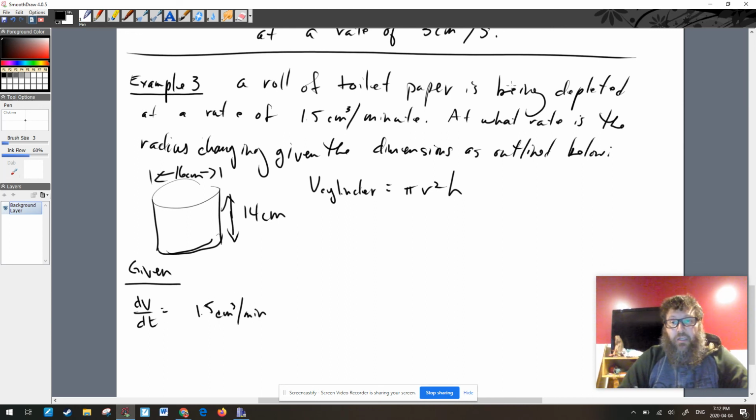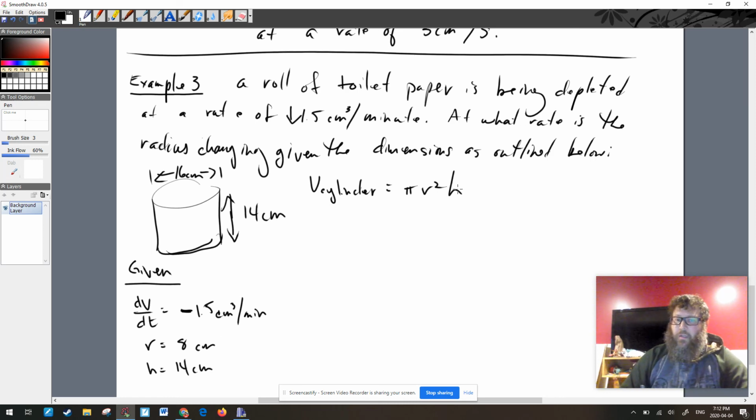It's being depleted, it's going down, so I very explicitly need to include that as being negative because it's getting smaller. We're given that the diameter is 16. Alternatively, we could say the radius at this particular time is 8 centimeters. And the height is equal to 14 centimeters.